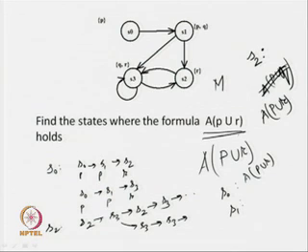What is the truth value of this formula in states S2 and S3? I am not saying at this moment whether it is true or false. I will explain it after explaining some more things, and I will come back to it.